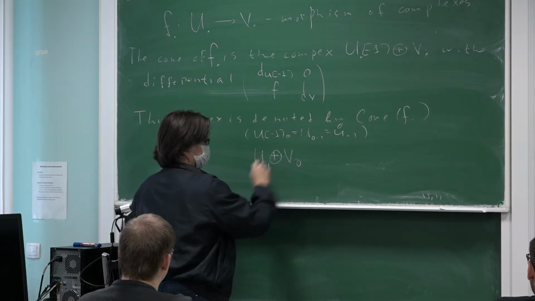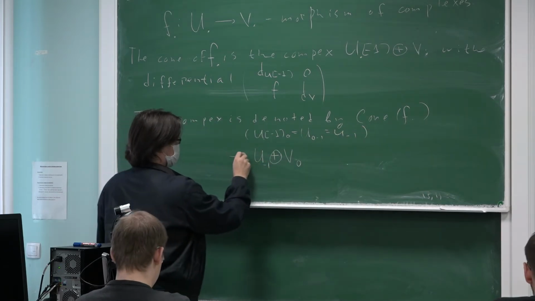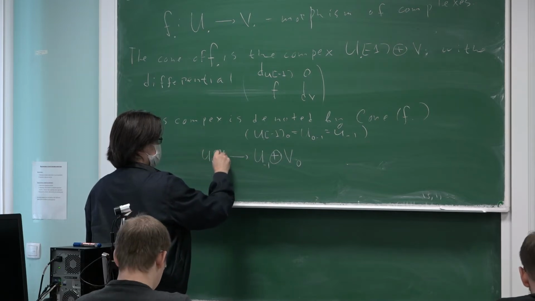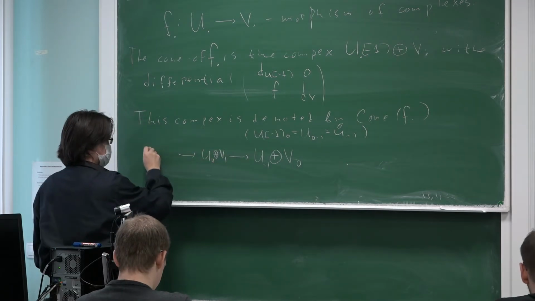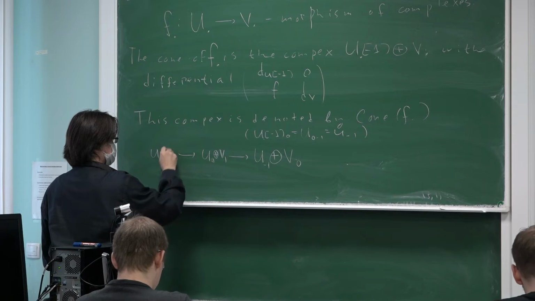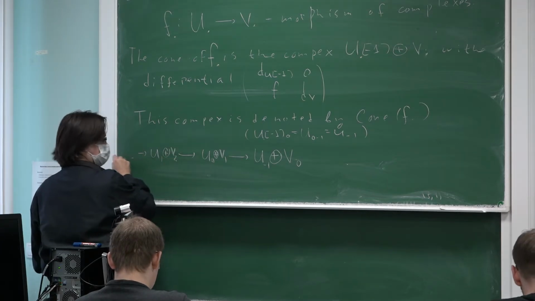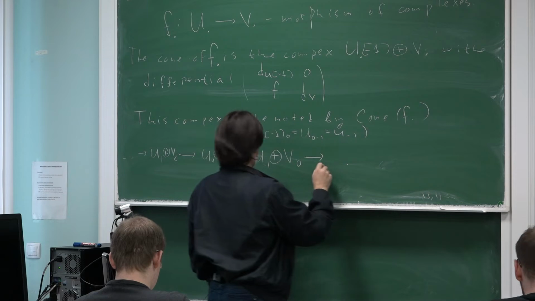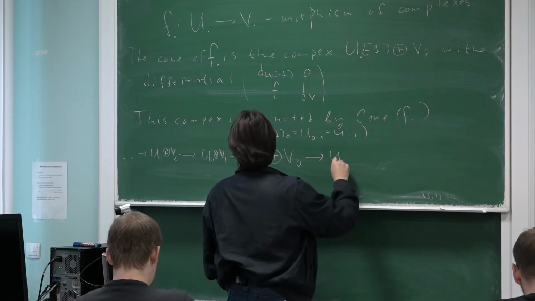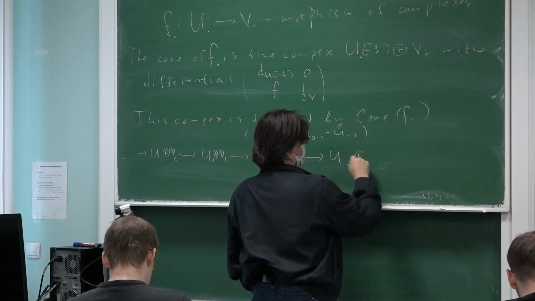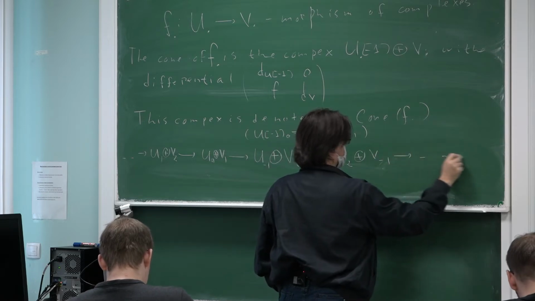So here you have this. Then you have u0 plus v1, u1 plus v2, and so on. Here you have u -2 plus v -1, and so on.